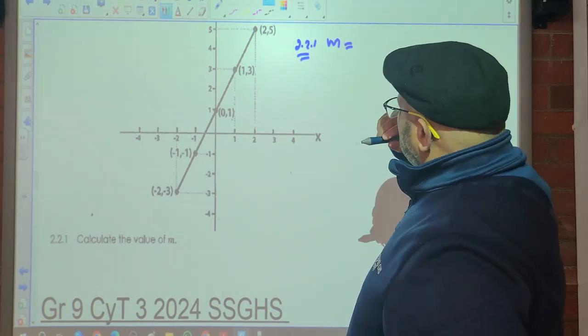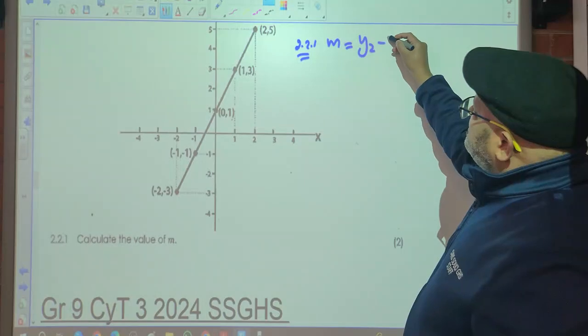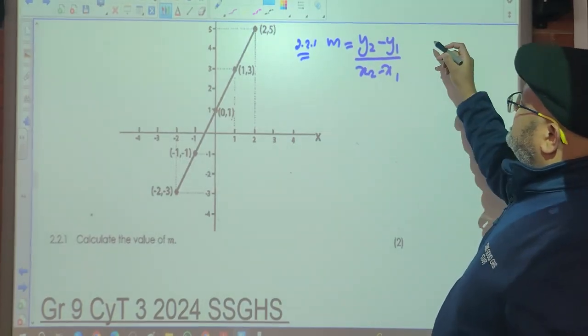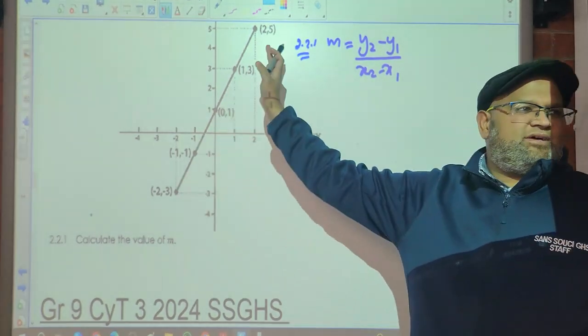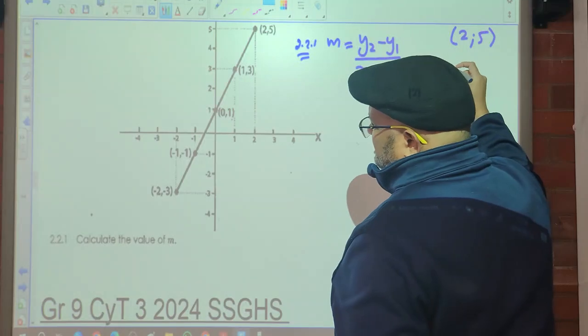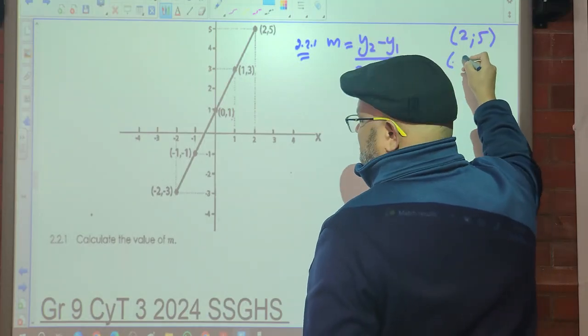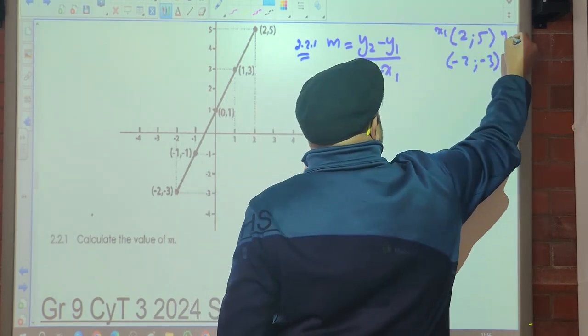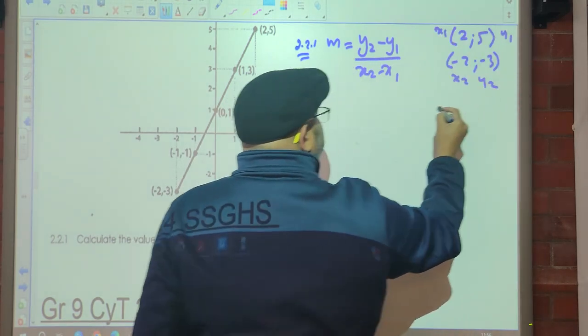How do you calculate gradient? y2 minus y1 over x2 minus x1. So I can use any of these points here. I'm going to use the 2 endpoints. It's 2 and 5 and negative 2 and negative 3. If I make that x1, y1, this will be x2, y2.